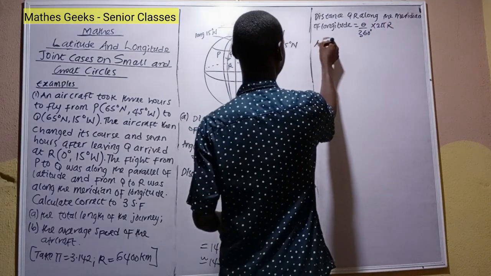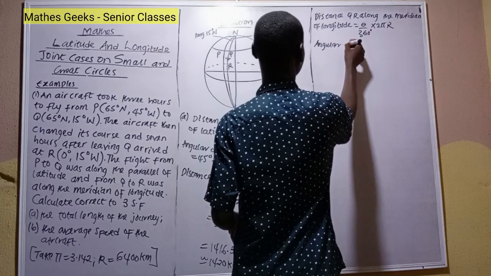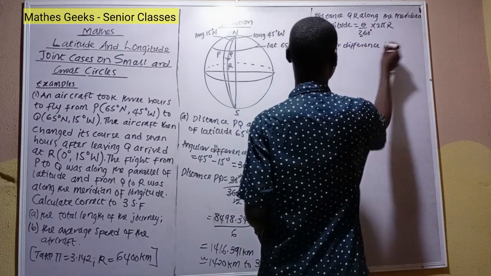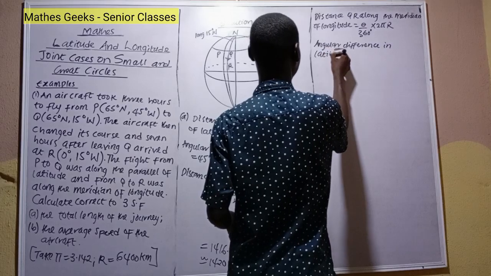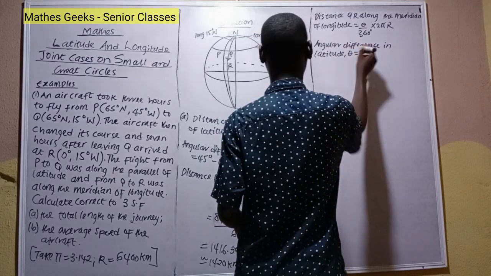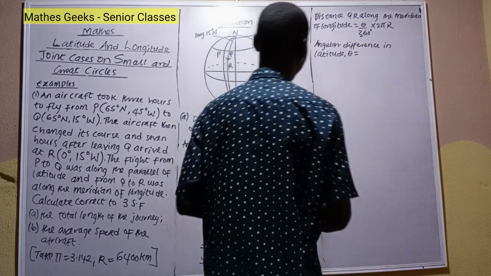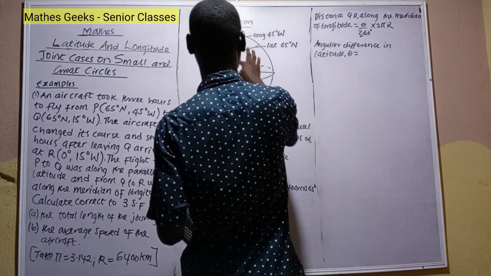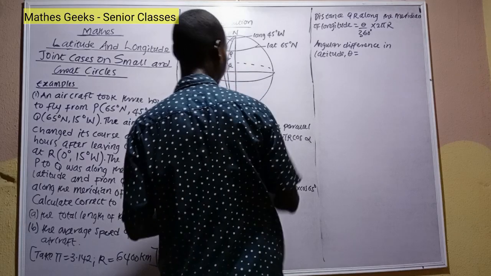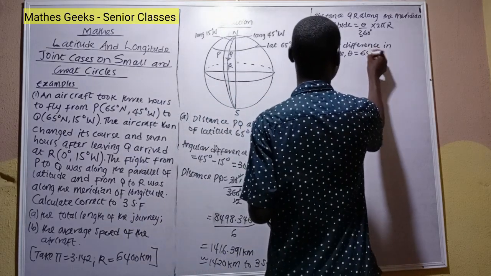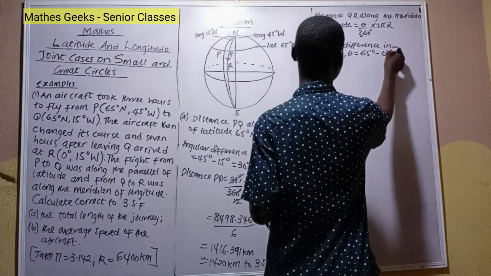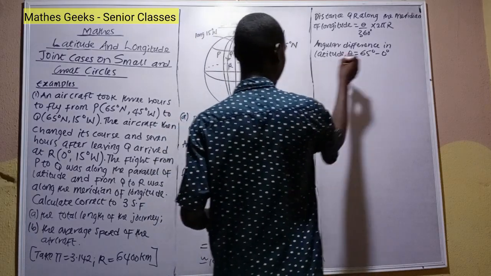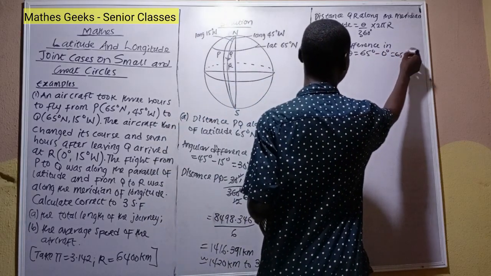Theta is the angular difference in latitude. This is latitude 65 degrees north and this is the equator, which is 0 degrees. So 65 degrees minus 0 degrees, since both points are on the same side of the globe. The angular difference in latitude is 65 degrees.